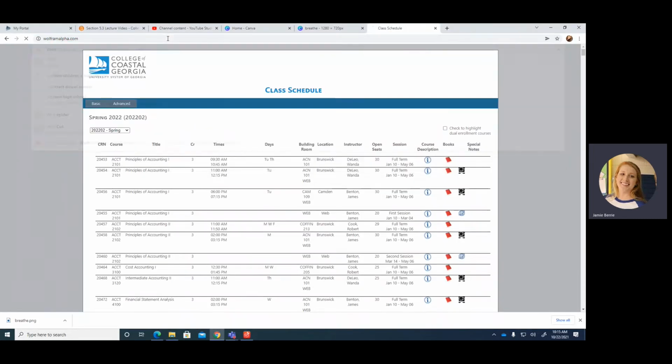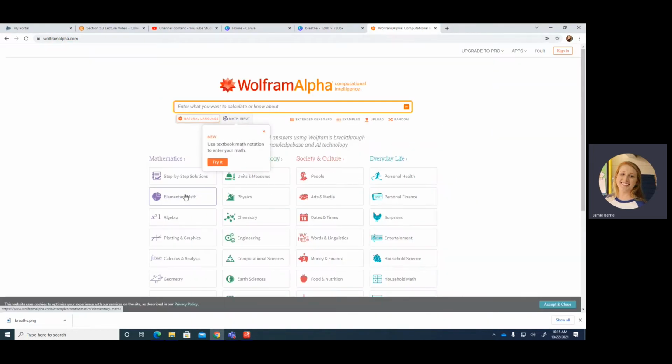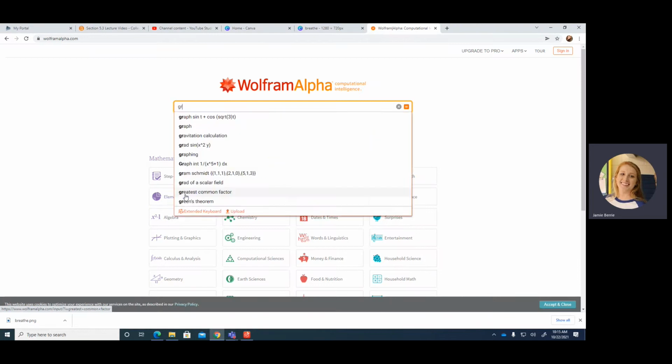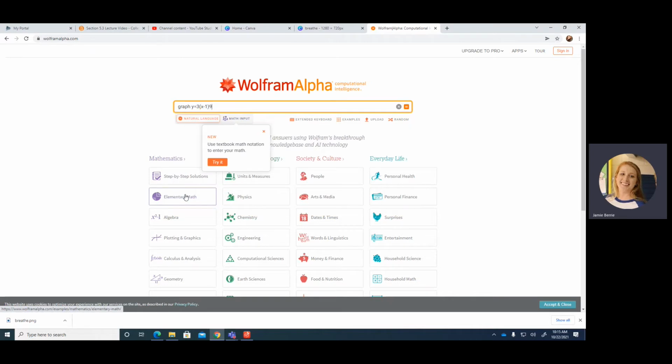All right, I'm going to go to Wolfram Alpha because, like I said, I don't have my calculator today. But go to your y equals screen and just type in your function: f of x equals 3 times x minus 1 times x plus 2 squared.